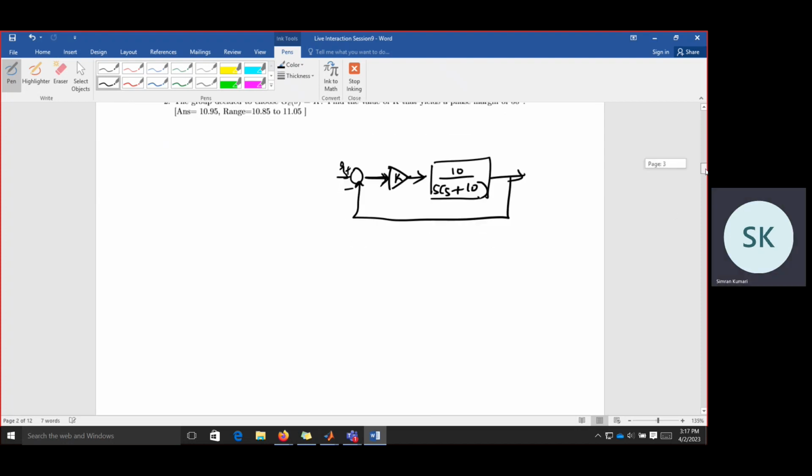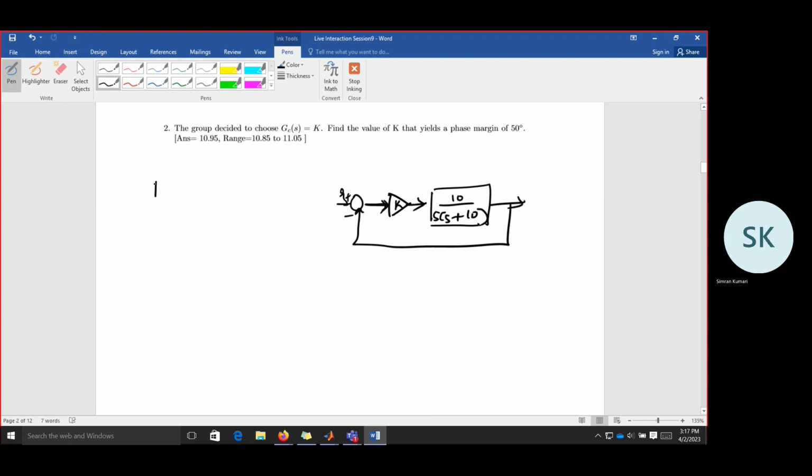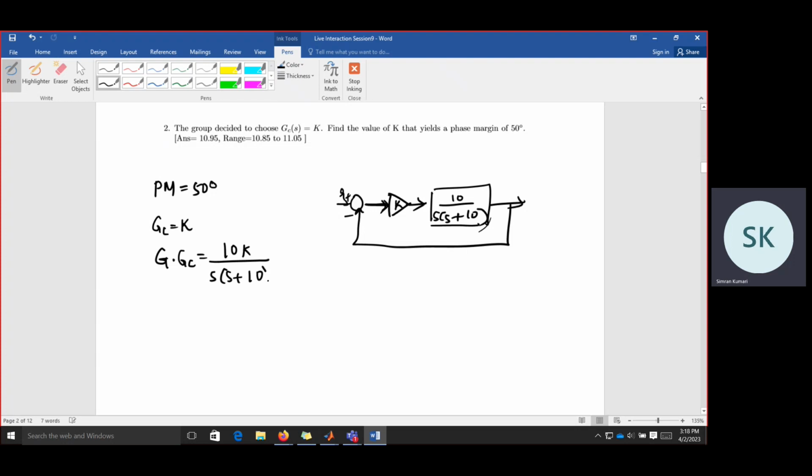This is the overall closed loop system, and the phase margin of the open loop transfer function should be 50 degree. So we have GC equal to K, and the open loop transfer function is G into GC, H is 1 because this is unity feedback. So this would be 10K by S into S plus 10.